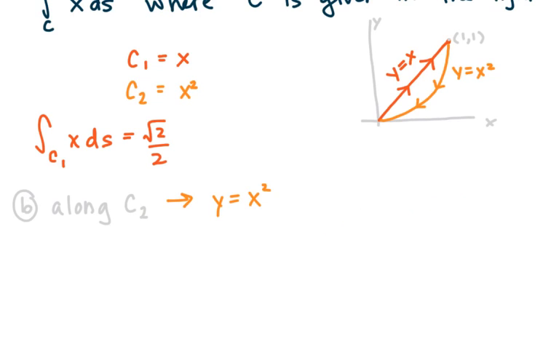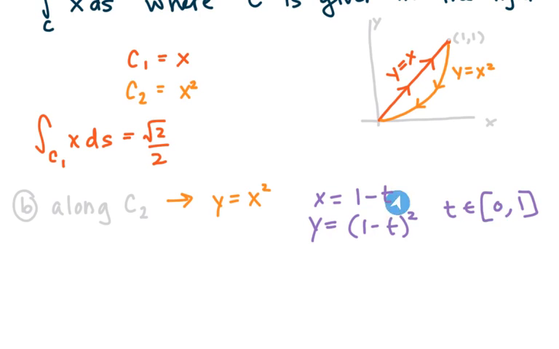The way we'll do that is we'll say x equals 1 minus t, then that means y is 1 minus t squared. Again, looking at t from 0 to 1. So now if I plug in 0, I get 1. And if I plug in 1 here, I would get out 0 for my x values.